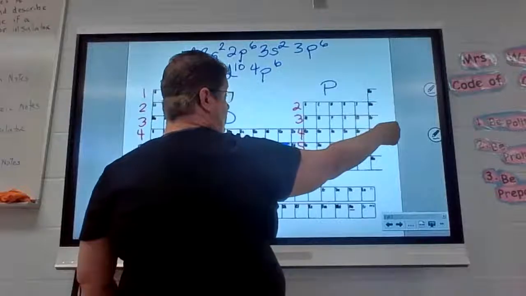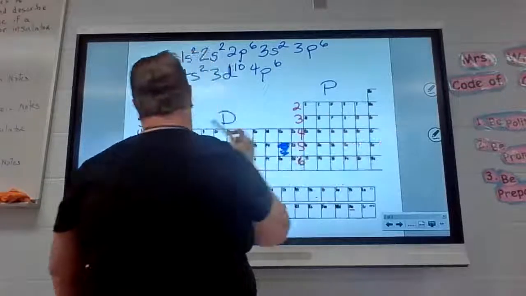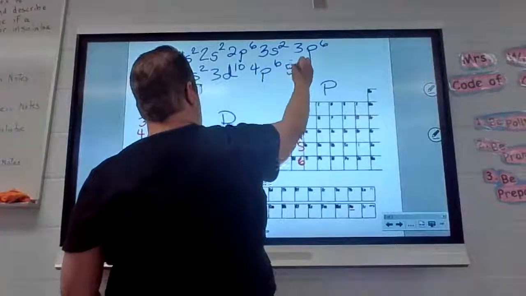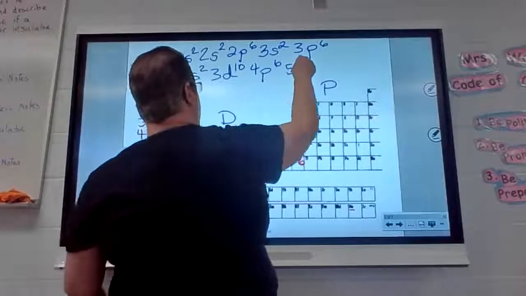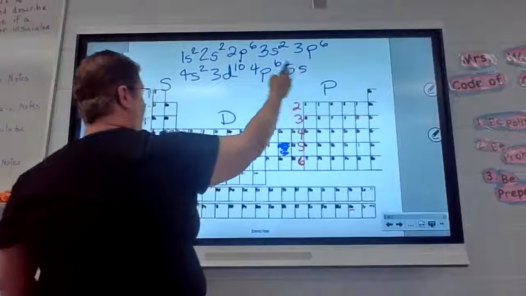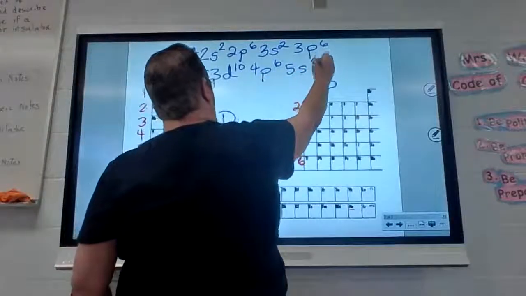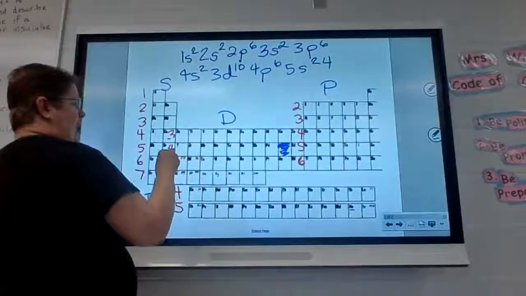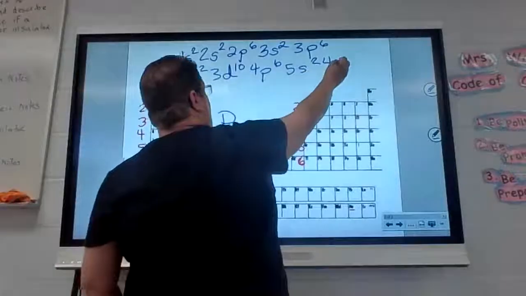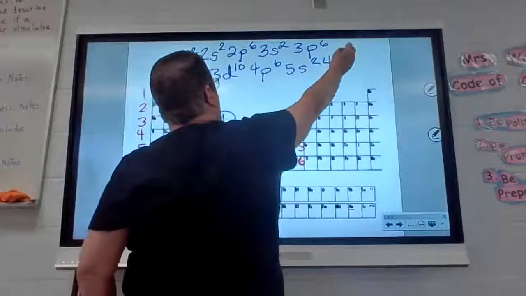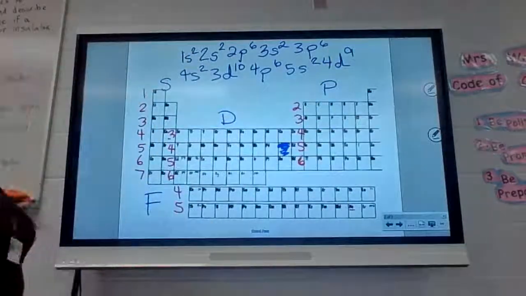And we're still not there. So where are we going? 5P. How many? Whoops, wrong one. 5S. How many? 2. Okay, and then I hit this 4, and I have what block? And then I have 9. We agree with Allie. Yes.